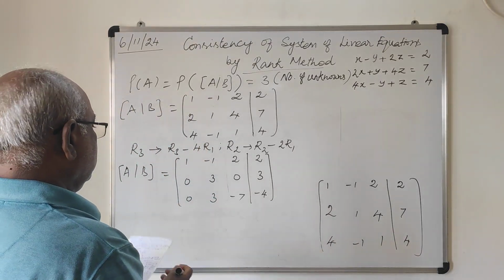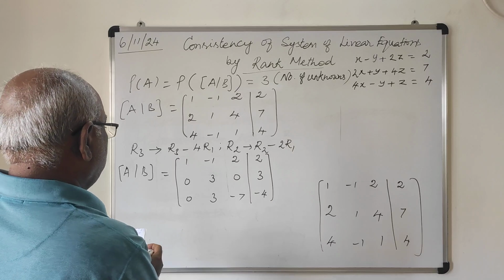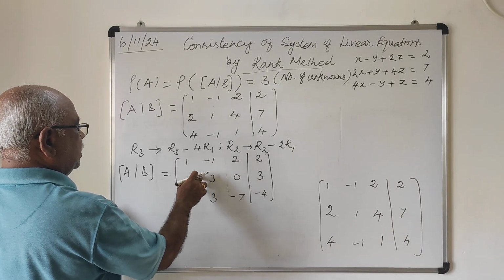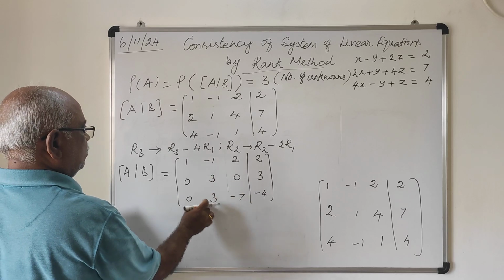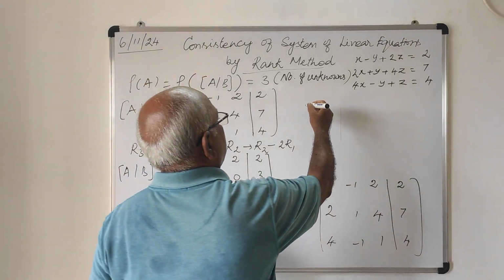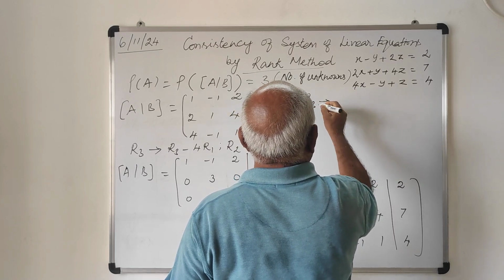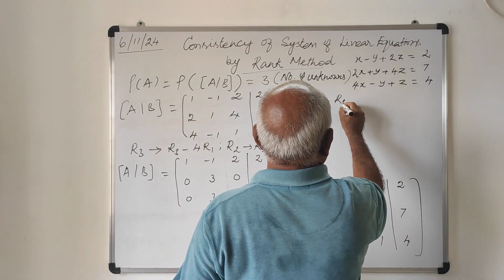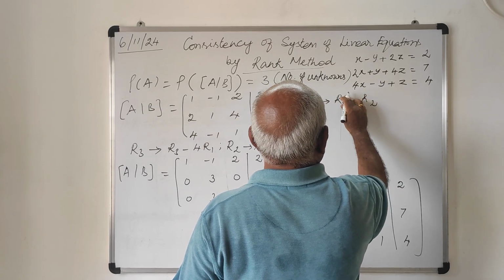Again, you can subtract: R3 becomes R3 minus R2. 3 minus 3 is 0, so this becomes 0. Here I write R3 as R3 minus R2.